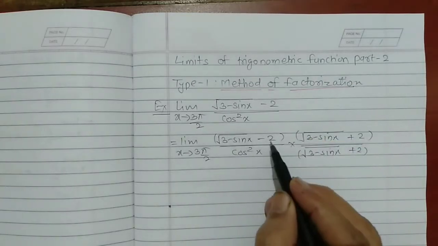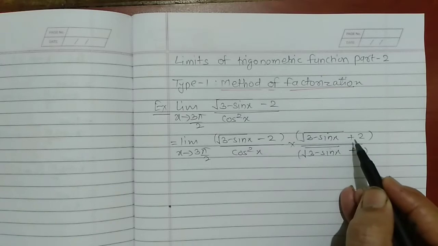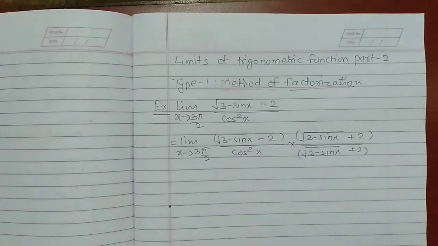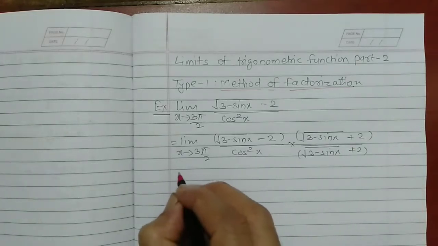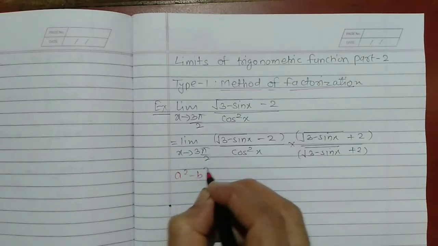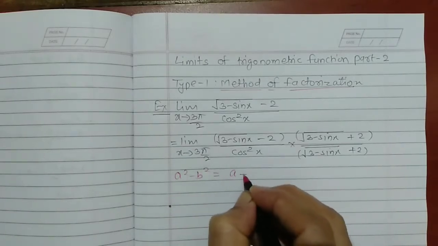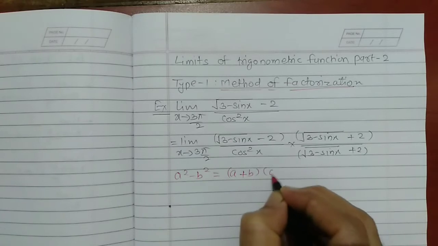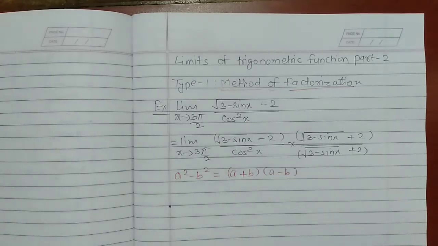This is a minus b, a plus b. So we have the formula a square minus b square is equal to a plus b, a minus b. We can use this formula to simplify this further.